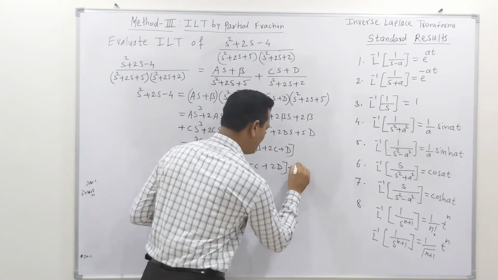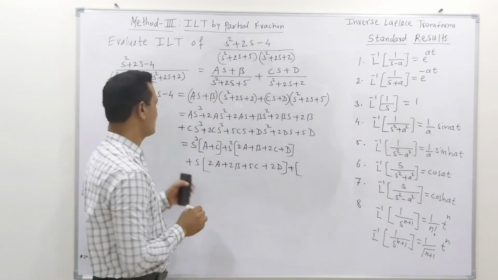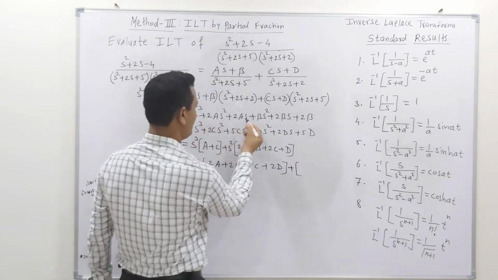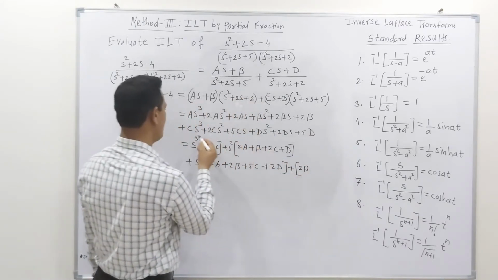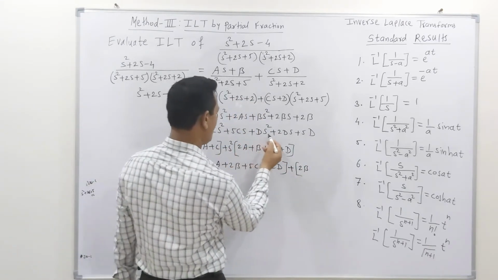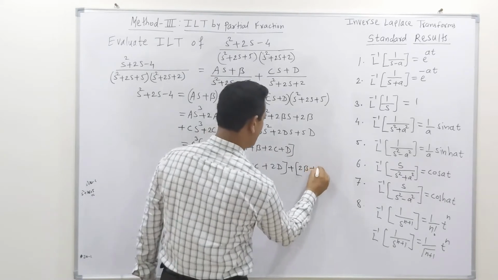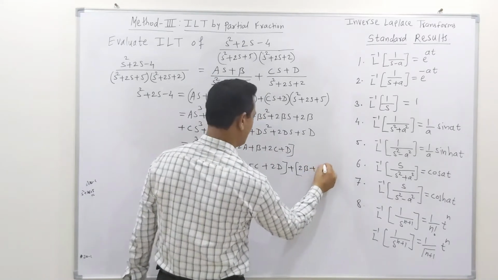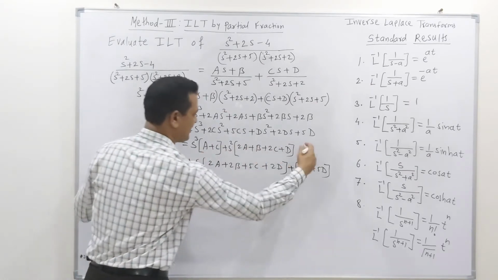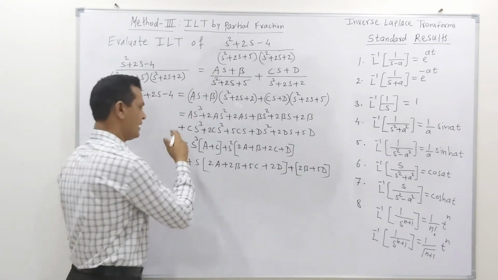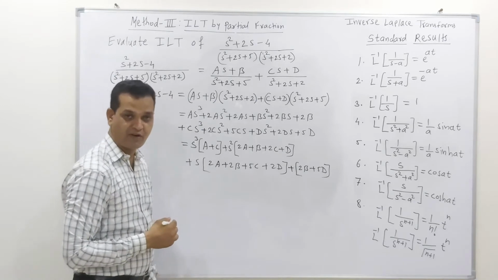Now collect all constant terms together. The constant terms are 2b, the first constant term, and plus 5d. In this way we can expand the right hand side and write it according to the decreasing power of s.